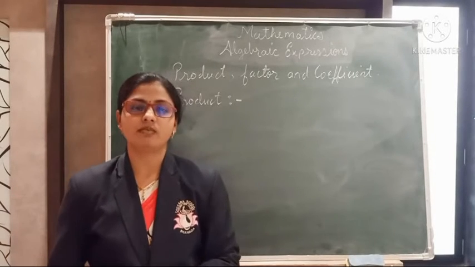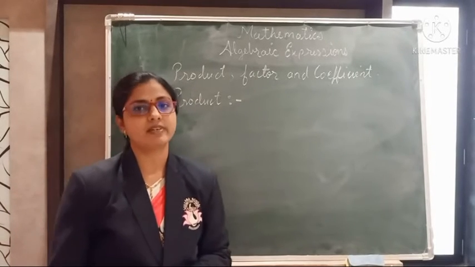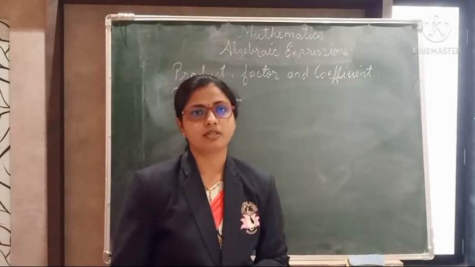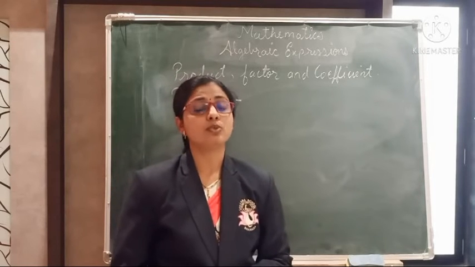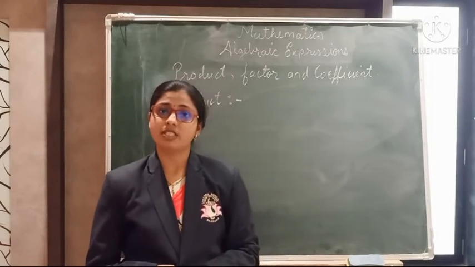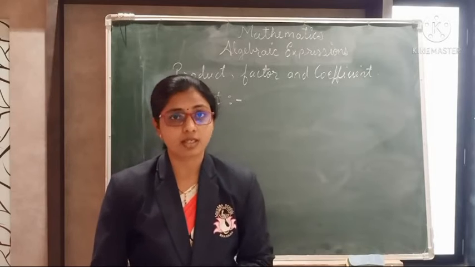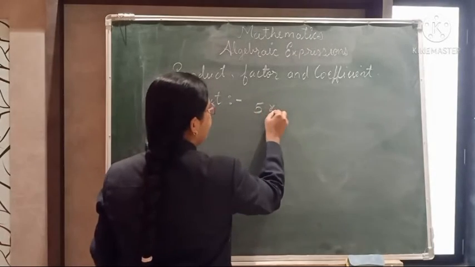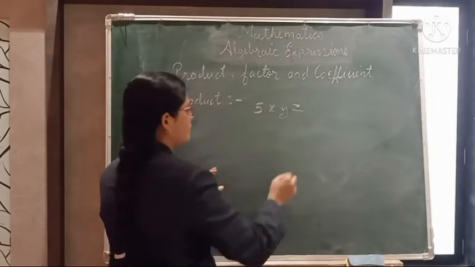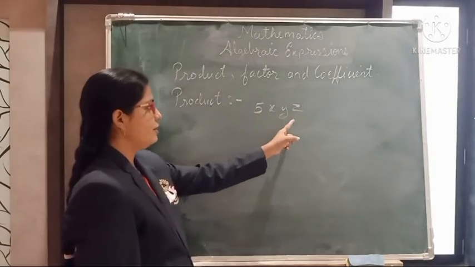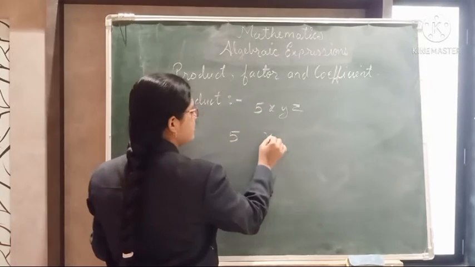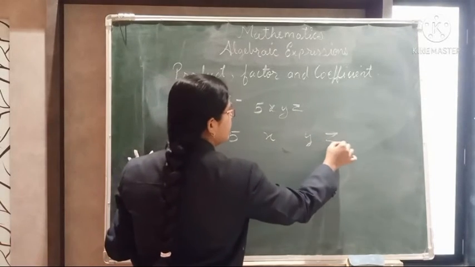Now the next topic we are going to see is product, factor and coefficient. What do you understand by product? A product is nothing but when two quantities are multiplied with each other. For example, 5xyz. Here you can see four different quantities are there, that is 5, x, y and z.